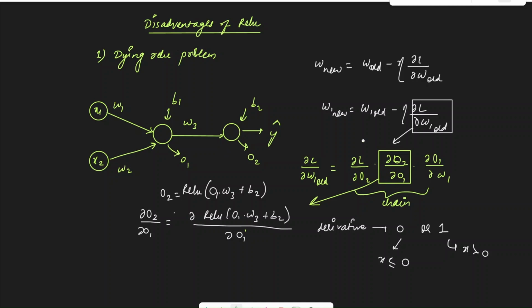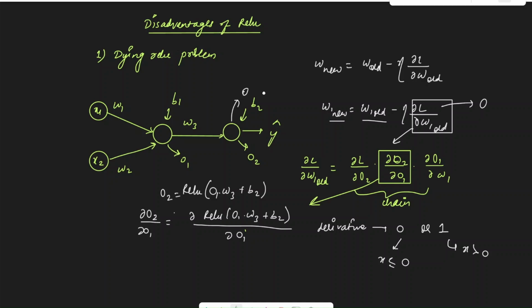So this whole term would be equal to 0, which means this full term is 0. When this full term is 0, then this would mean W1 new is equal to W1 old, which means there is no learning happening. And when there is no learning happening, this neuron will always remain 0 throughout the backpropagation and forward propagation, like throughout the training process.